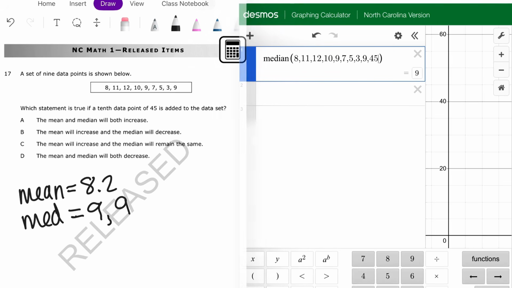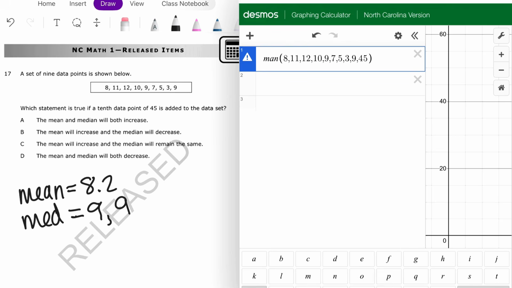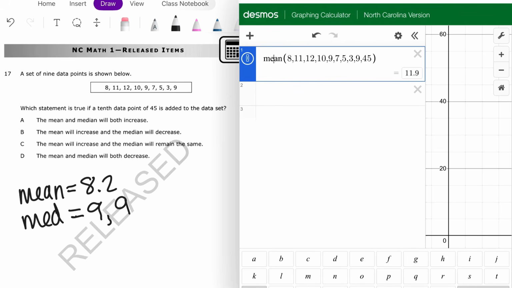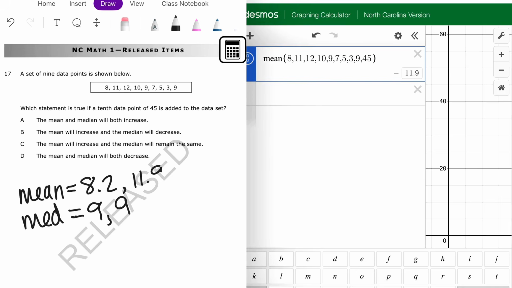All right, let's change this back to mean and see what happens there. I spelled man. All right, so mean, we have 11.9. It went from 8.2 to 11.9. So we know the mean increased and the median stayed the same. And so that would be C.